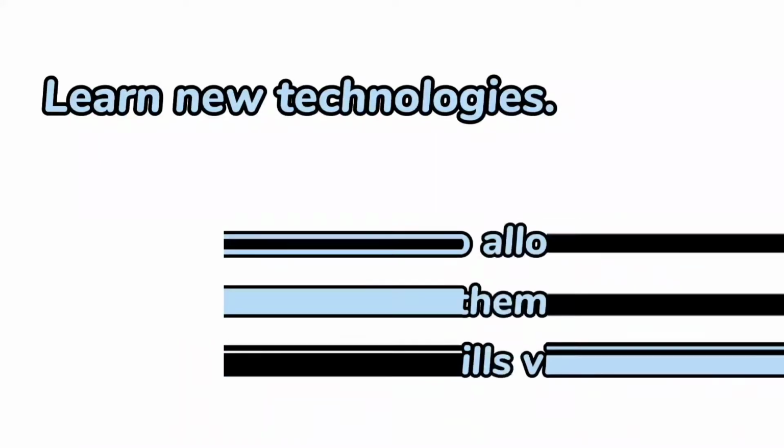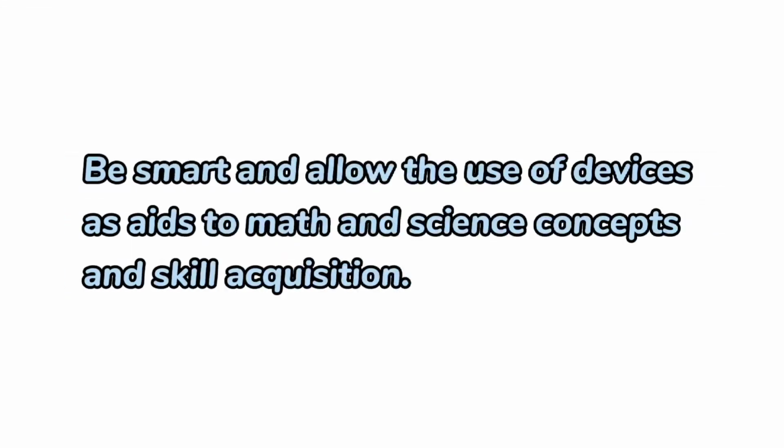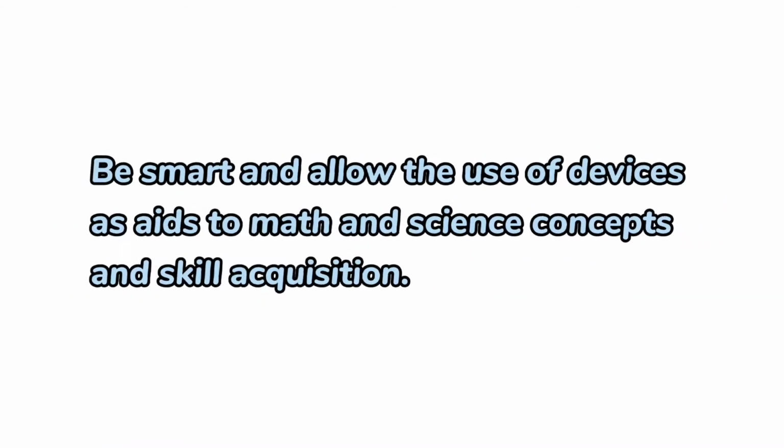Since technology keeps on developing, learning a tool is not an option for teachers. The fourth one is Go Global. Is to allow students to learn mathematical and scientific skills virtually. The fifth one is Be Smart. It allows the use of devices as aids to mathematics or science concept and skill acquisition.